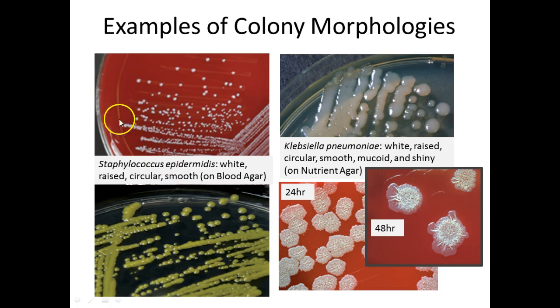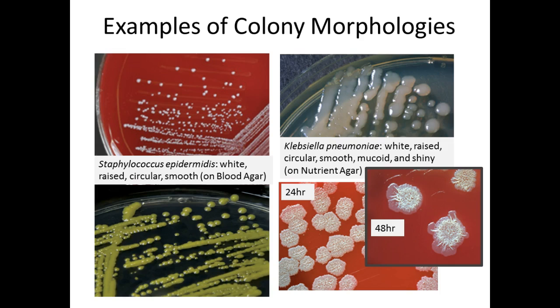So when describing, and this one's actually on blood agar, they're white, right? They're raised, they're circular, they'll be smooth for Staphylococcus epidermidis. For Klebsiella pneumoniae, again, white, they're raised, right? They tend to be circular and smooth. Sometimes they'll even look mucoid, right?